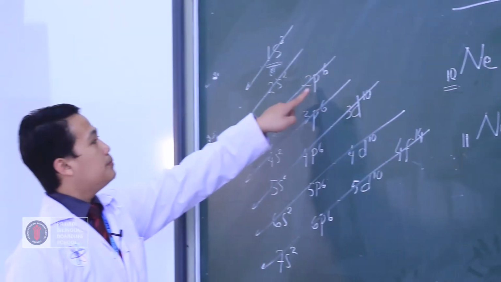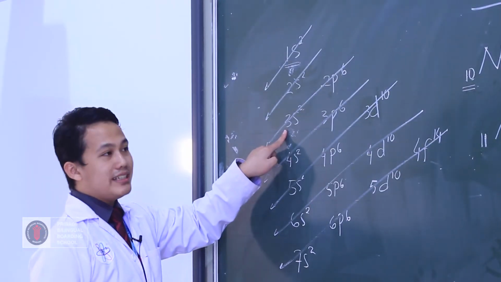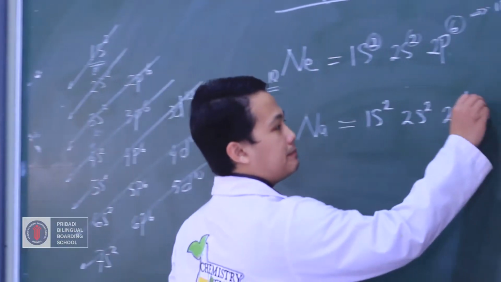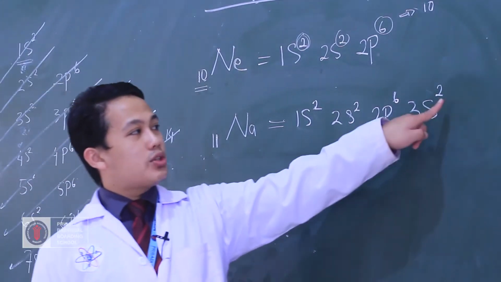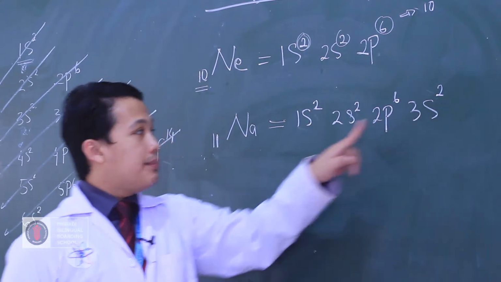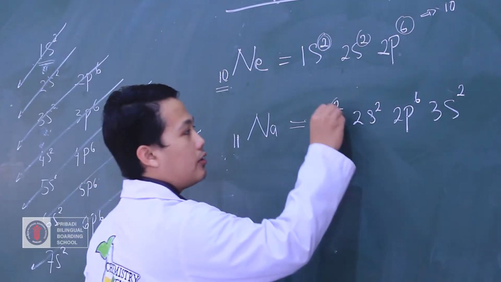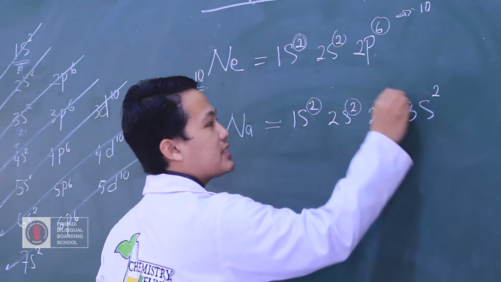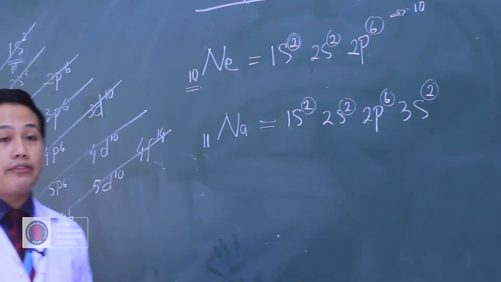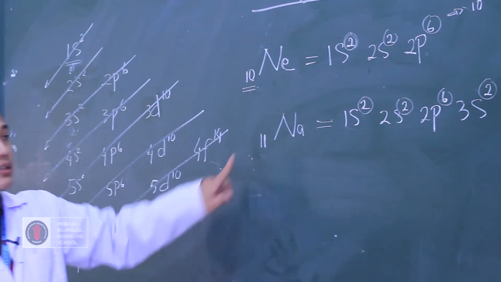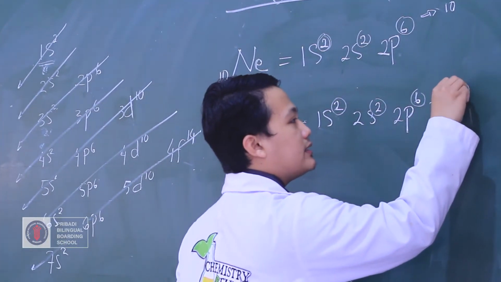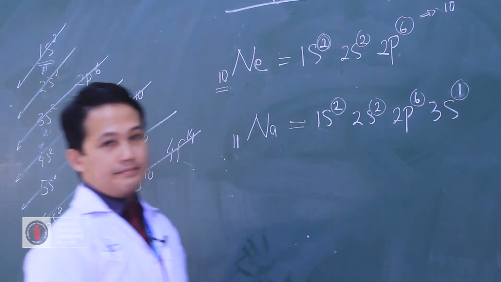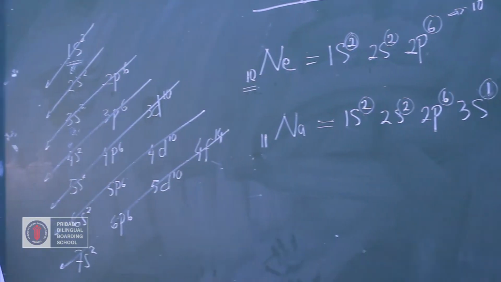After 2p6, we will move to 3s. But do we need to write 3s2? Of course not, because when you add up all of them, 2 plus 2 plus 6 plus 2, it will be 12. But we only need 11. So here, instead of 2, we'll just write 3s1.